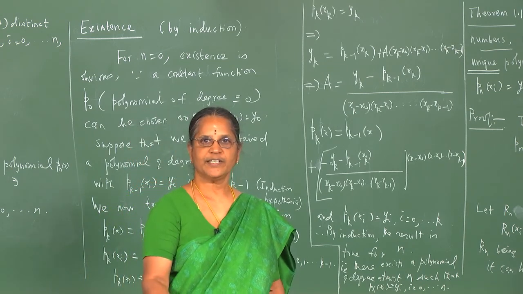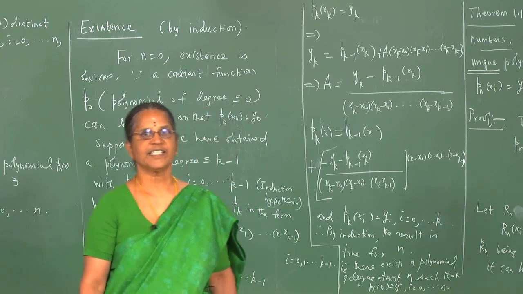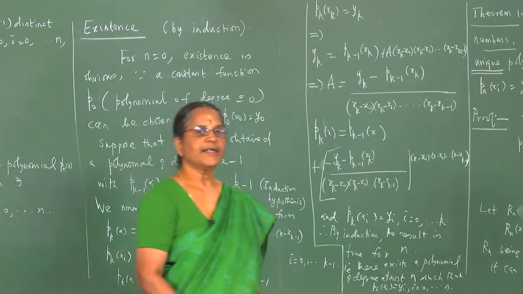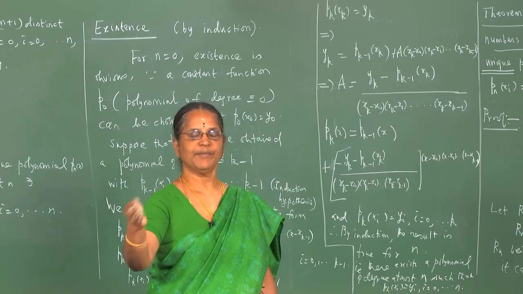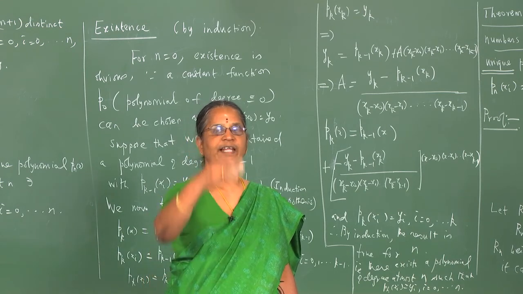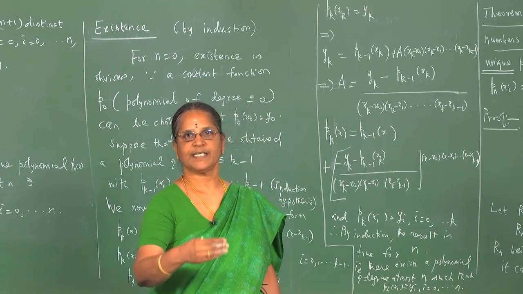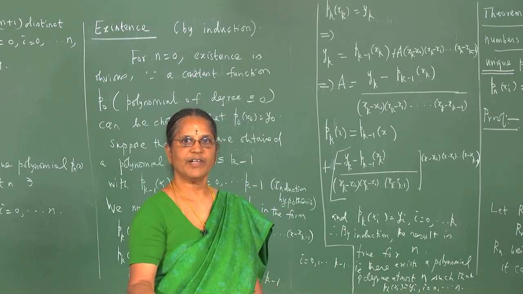So, the next question is, okay, how are we going to get this polynomial? If there are 2 points, it is easy. 3 points, yes, with some computations we can get this polynomial. When the number of information given to us becomes more and more, in practical applications this is what will happen.